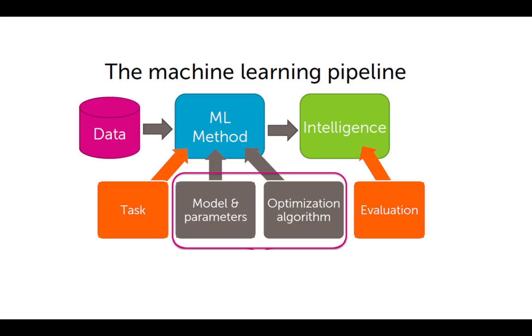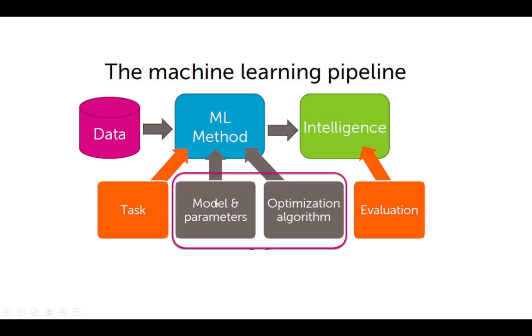So diving a little bit deeper into machine learning, what you have again is data that you input to your method. Machine learning methods could be a model for regression, classification, clustering, or recommender. That would be the task that you would perform.